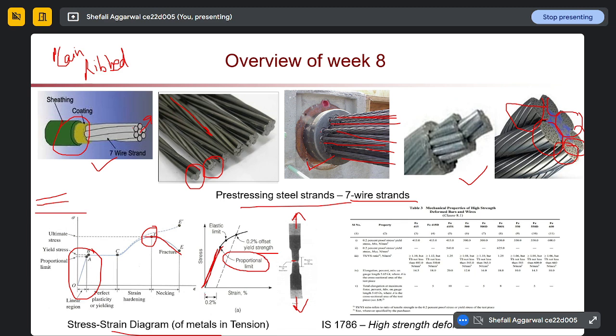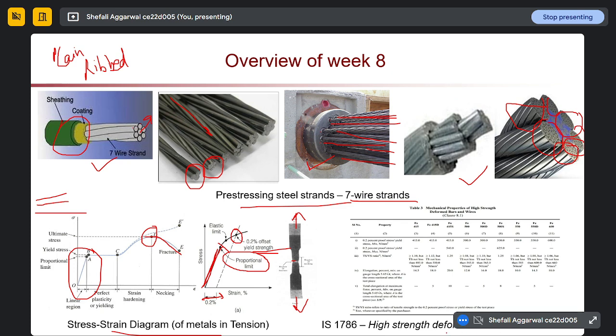At 0.2% strain from the proportional limit, we put a line parallel to the proportional line, and the point at which it cuts our stress strain curve is called the yield strength point. So that is the difference between proportional limit and yield strength. This is the basic stress strain curve for metals in tension.